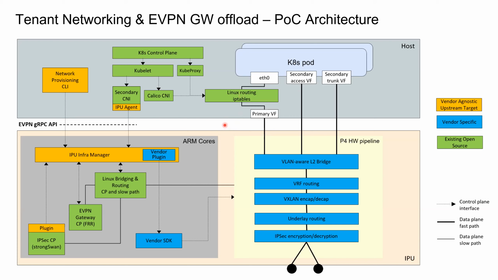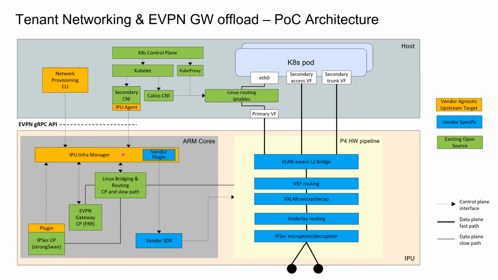Neither OVSDB nor OpenFlow. The only reason I brought up OVS is that as a code base for the secondary CNI, we used the existing OVS CNI and morphed it into something that, instead of talking to OVS, is talking the gRPC API to program the forwarding plane. Other than that, there is no connection to OVS. Okay, that makes sense. Otherwise it would seem like a conflict.